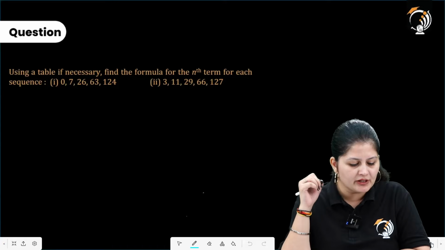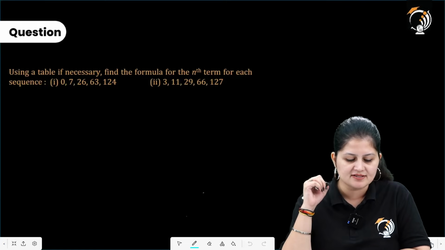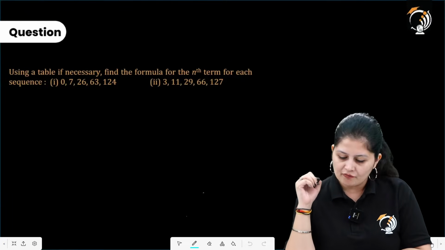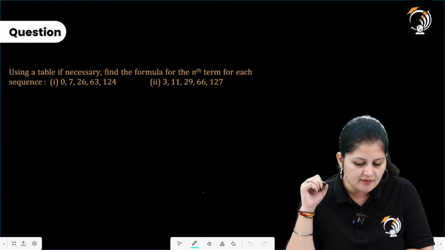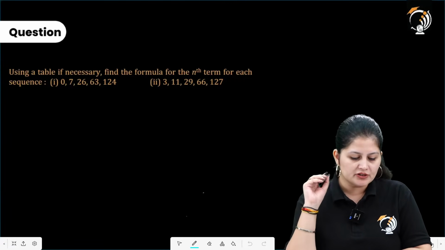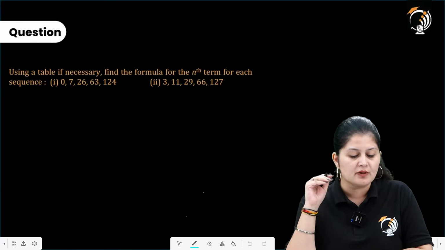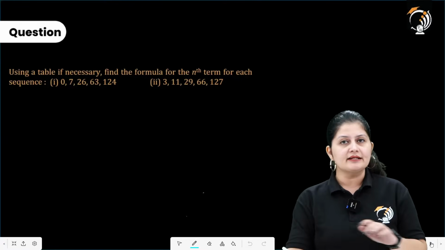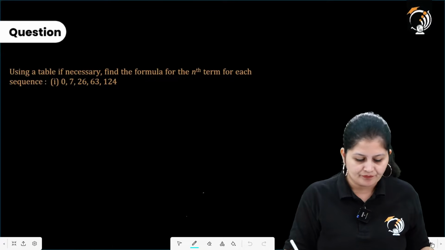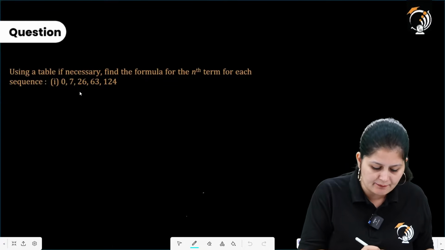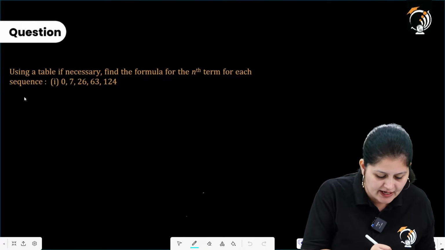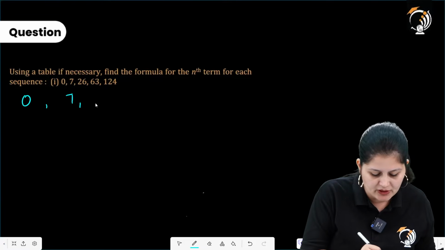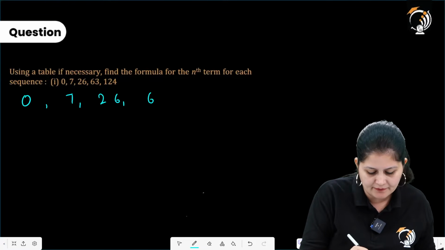Now, moving to the next question: using a table if necessary, find the formula for the nth term for each. Here we need to observe what this particular sequence is, and find the nth term of it. Moving to the first example, I'm just copying down the sequence again, so that we have a better understanding.